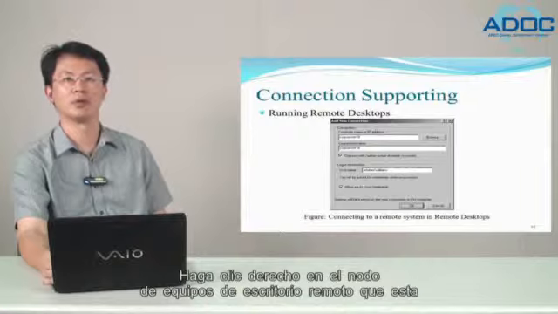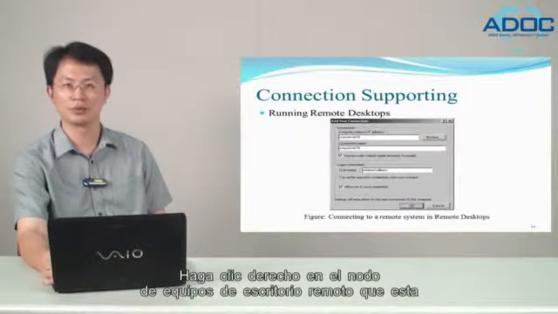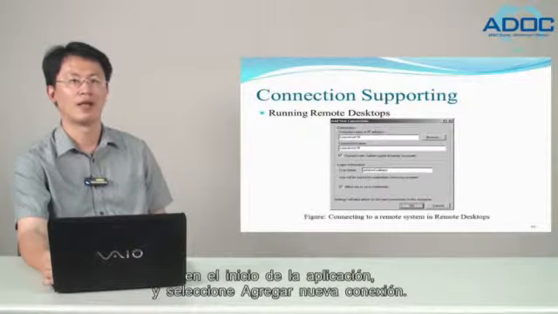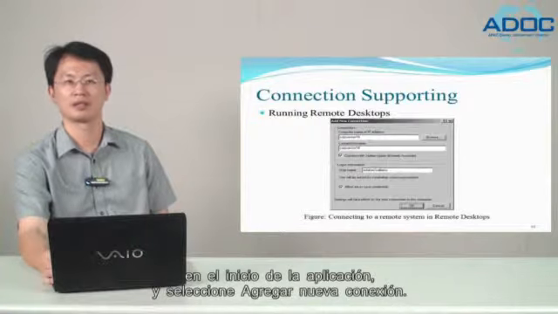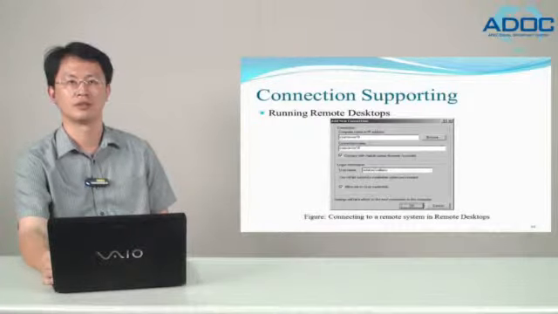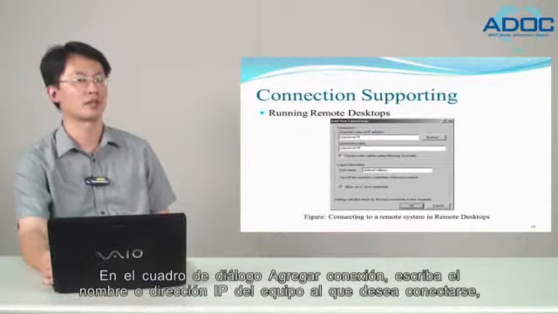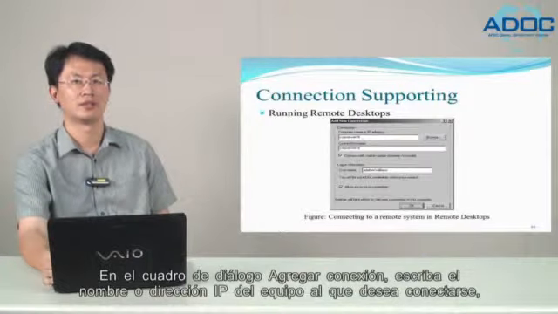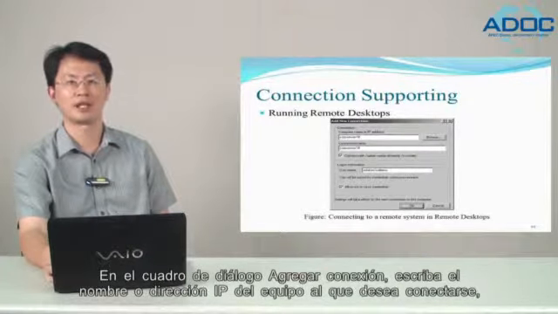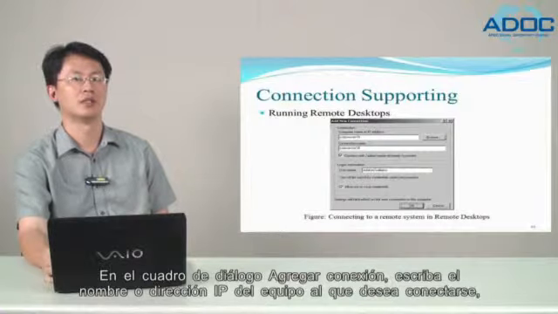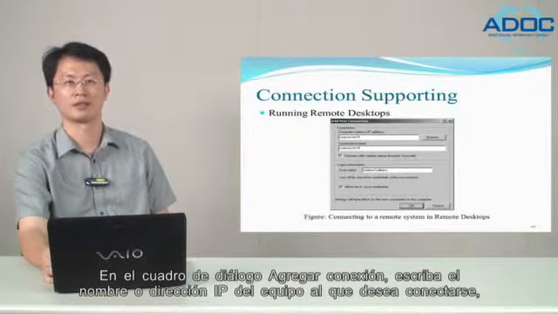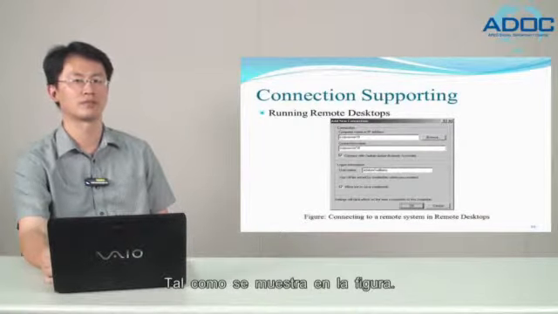Right-click the Remote Desktops node in the console root. And then select Add New Connection. In the Add New Connection dialog box, enter the name or IP address of the computer to which you want to connect, as shown in the figure.